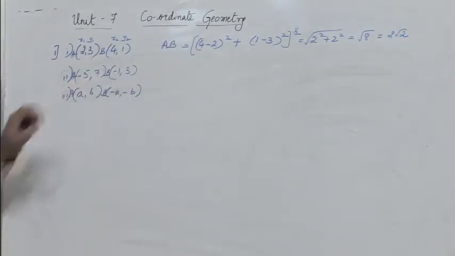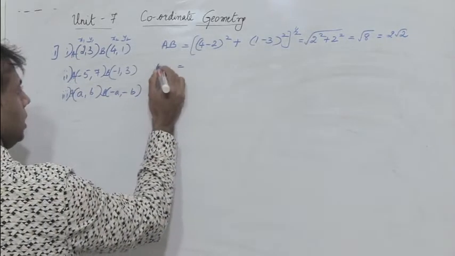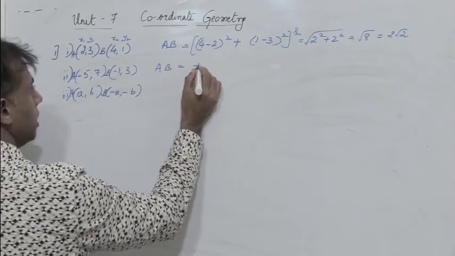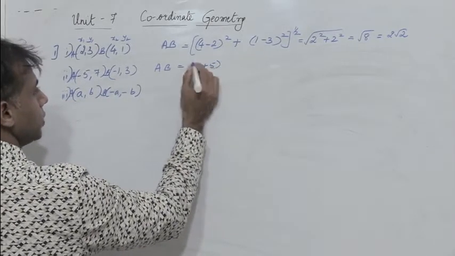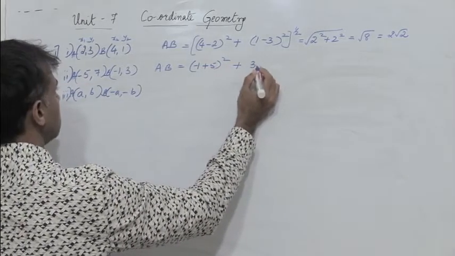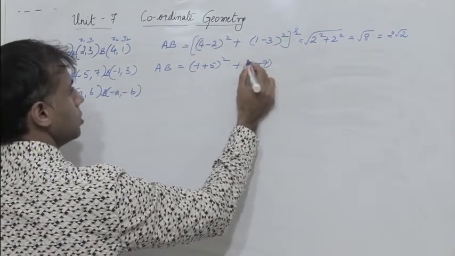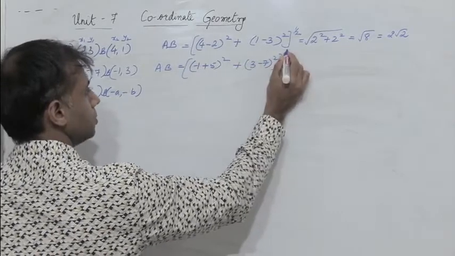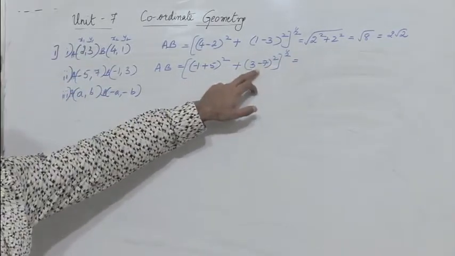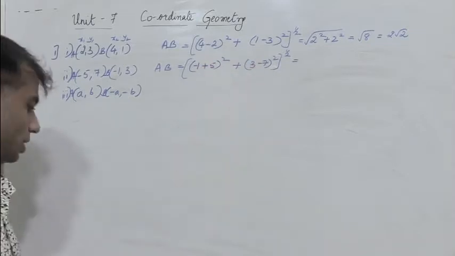For the next A and B, here we have AB, which is x2 minus x1, that is minus 1 plus 5 the whole square, minus of minus is plus, plus 3 minus 7 the whole square, the whole root. So this is going to be 4 square, and this is also minus 4 square, which is 4 square itself.